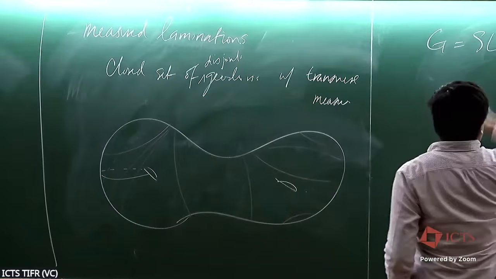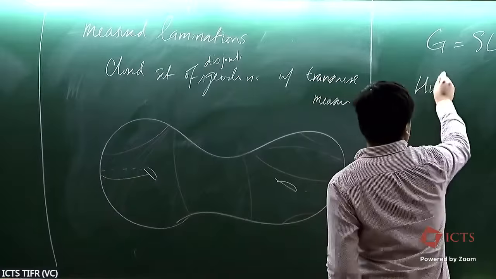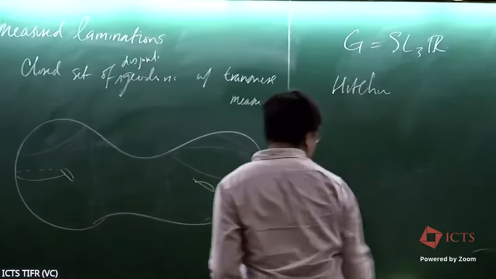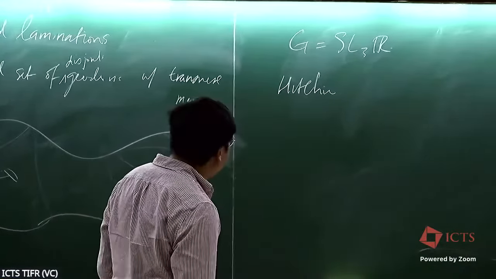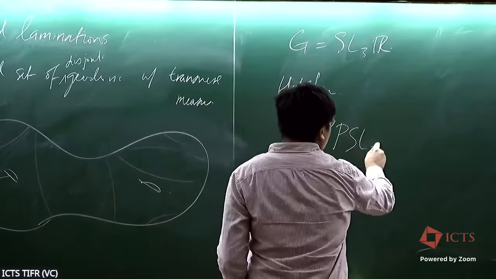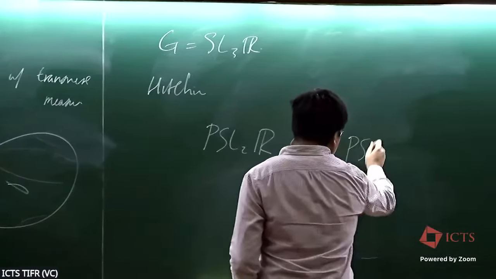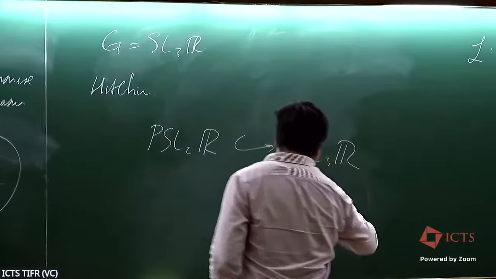And the story starts with Hitchin, the seminal paper Lie groups in Teichmüller space. And what we can do is take PSL2R and stick this inside PSL3R. Okay, so I need to make an important remark.